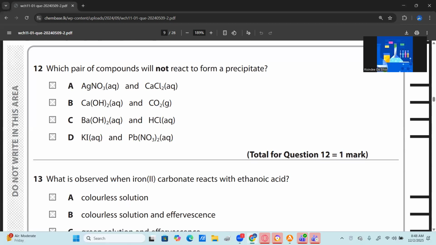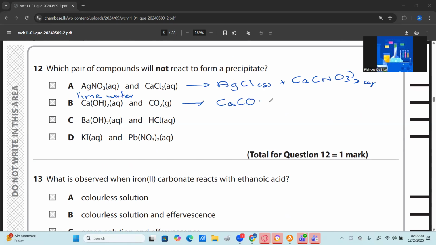Which pair of compounds will not react to form a precipitate? So if I write the equation, I will get silver chloride, we know it's a white precipitate, and calcium nitrate. Any nitrate is soluble, it's aqueous. If you take calcium hydroxide, which is lime water, and carbon dioxide, when you blow exhaled air into lime water, we know it turns milky white because of the formation of calcium carbonate.